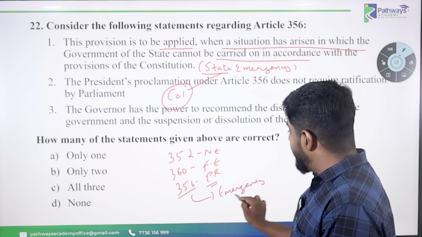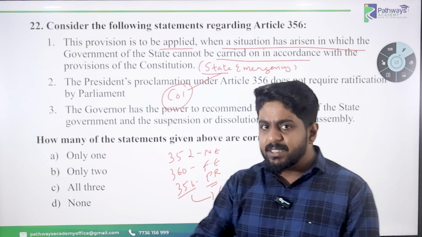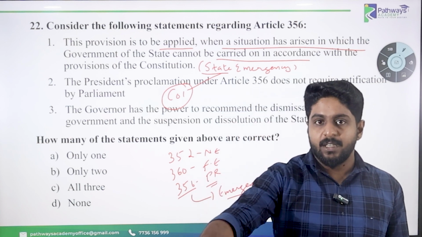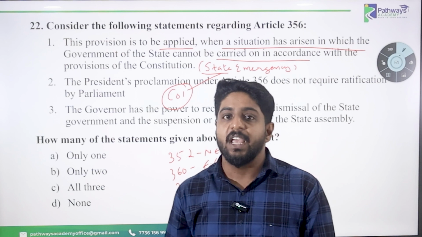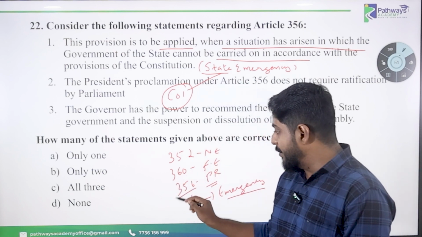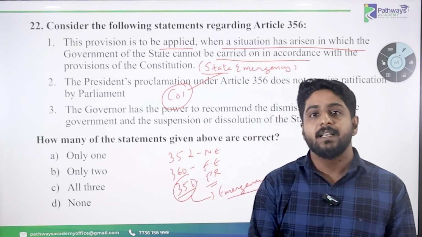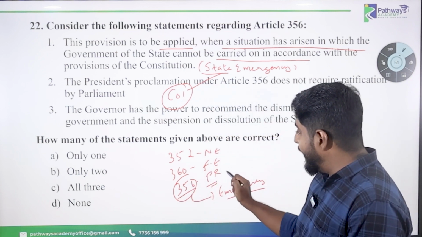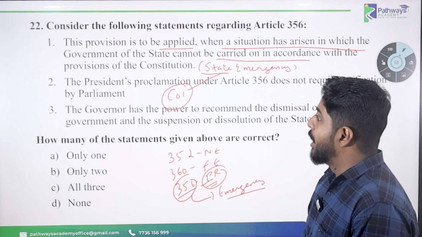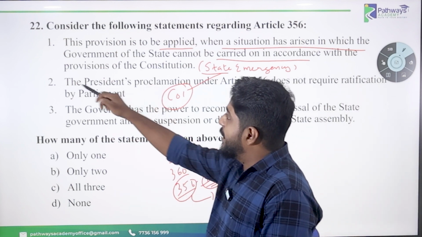So then why do we say that it's state emergency? Because it is something which is in relation to the state, isn't it? Why do we say that it is constitutional emergency? It is due to the failure of the Constitution that Article 356 is proclaimed, isn't it? So constitutionally, technically the right term is President's rule. Fine. So first statement is correct.